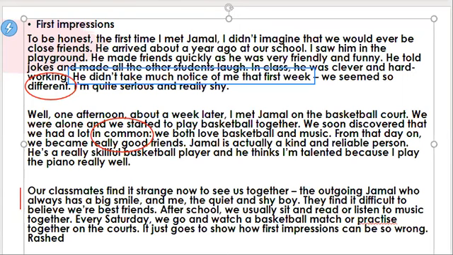And this last sentence in the paragraph is the main idea of the paragraph, that first impressions can be wrong and they are not true. الانطباع الأول مو دايما بيكون صح والدليل Rashid's story about his friendship with Jamal.